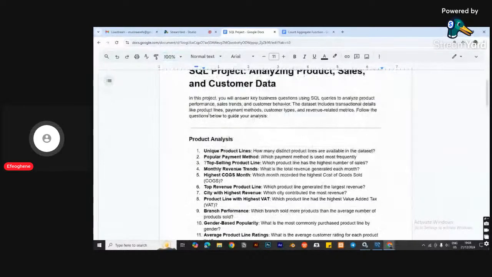All right. So we've been able to answer all of this, as the project stated in the beginning: answer key business questions using SQL queries to analyze product performance. We did that: sales trends, right? When you hear the word trends, it's across time, then customer behavior. The data set includes transactional details like product line, payment method, and related metrics.